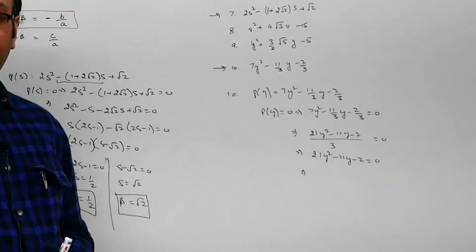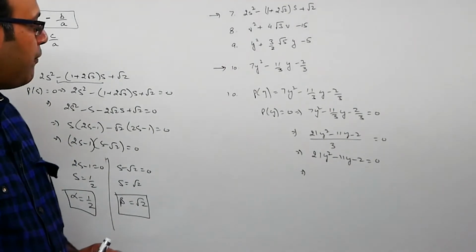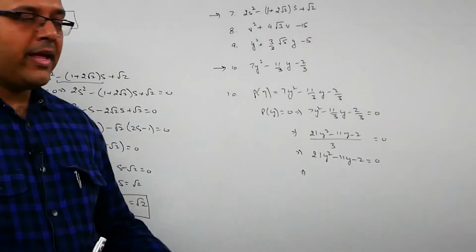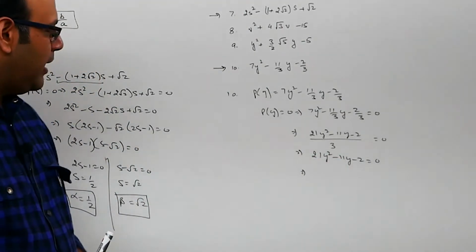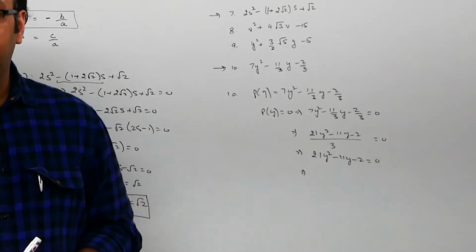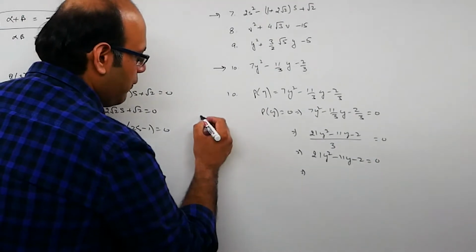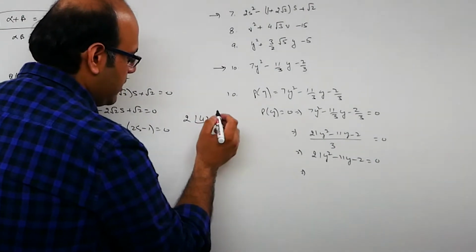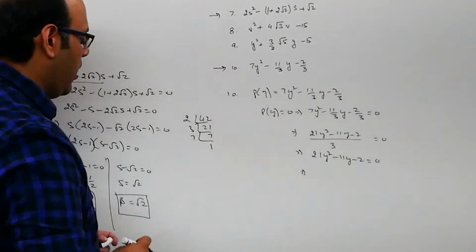I'll have to factorize 42, the numerical value, and find two factors which upon adding give me 11 or minus 11. It turns out the factors are 6 and 7. Now let's do it. So 42, I'll prime factorize it, 21, 3, 7, 7, 1.